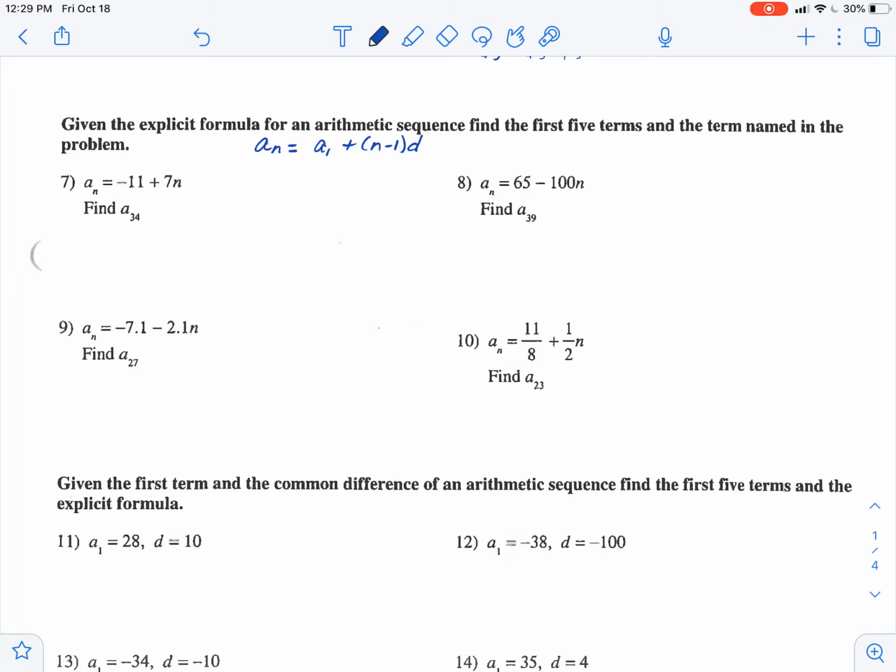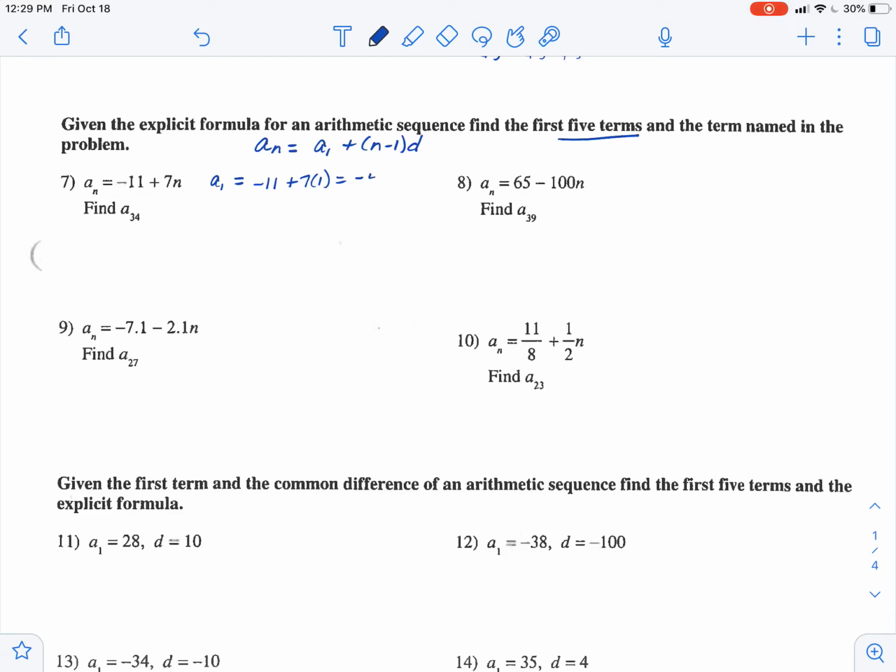If that makes sense. This one says you're given the formula and it wants you to find the first 5 terms, and then the term that's given. First off, a_1: all we're going to do is put 1 in for the n.